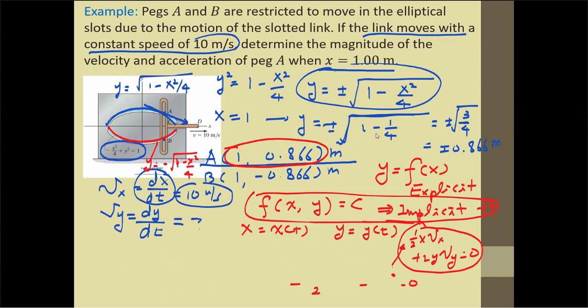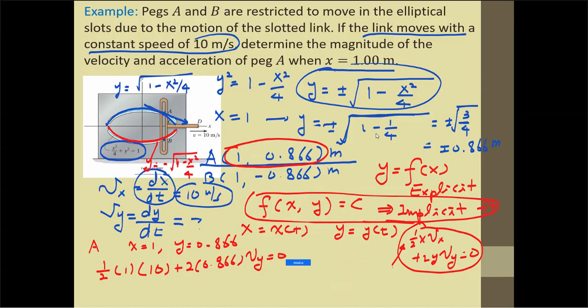We can evaluate the velocity y component at peg A, which means x equals 1, y equals 0.866. And then 1 over 2, x is 1, velocity x component is 10, plus 2 times y, which is 0.866, times the velocity y component, that equals 0. Then we solve for the velocity y component.